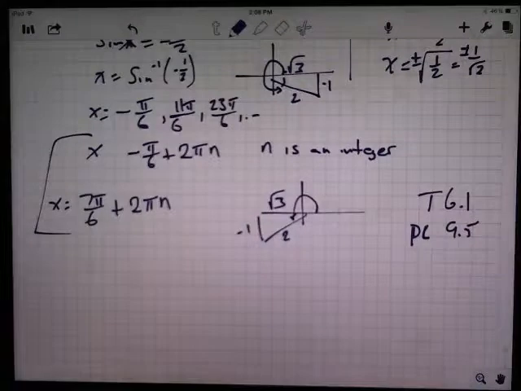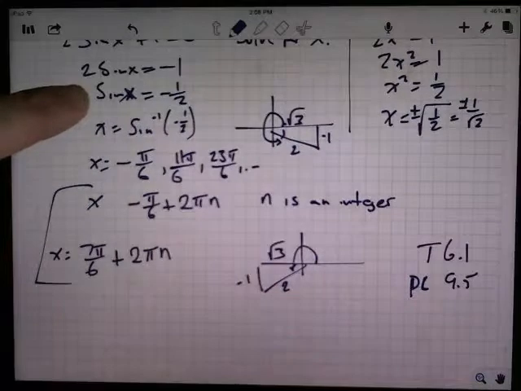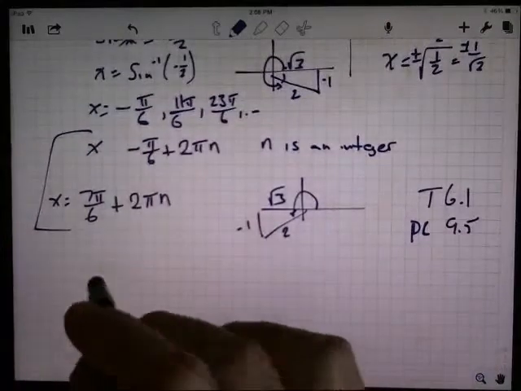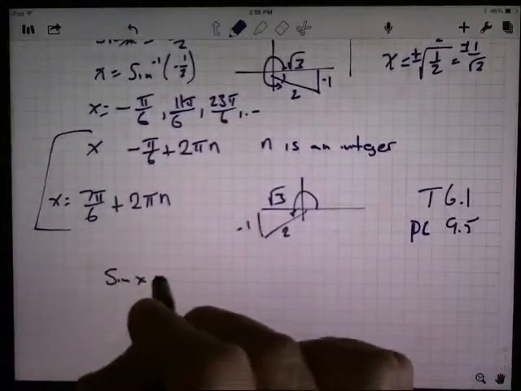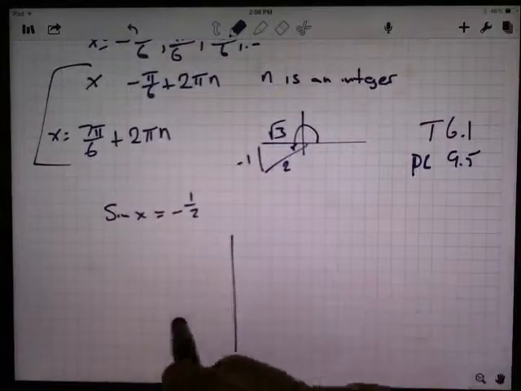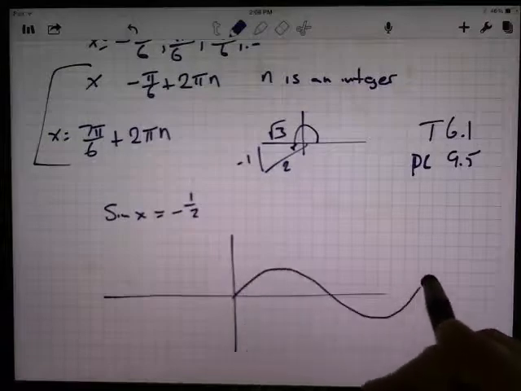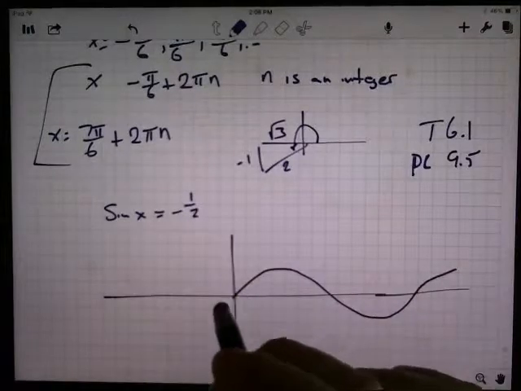Now, graphically, let me look at this problem again here. At this stage right here, I have sine of x equals -1/2. I know what the sine curve looks like. The graph of y equals sine x looks something like this.